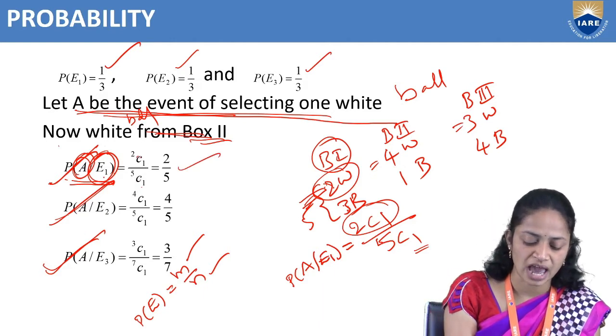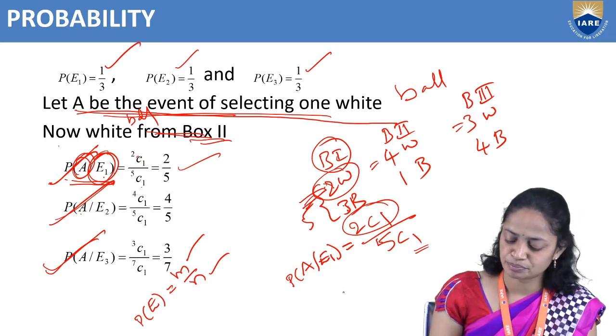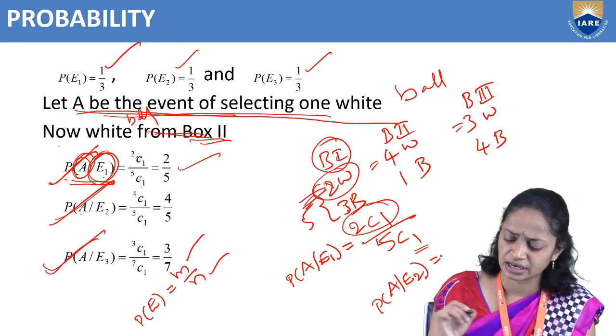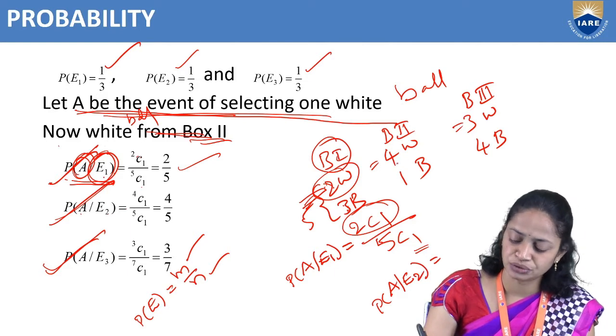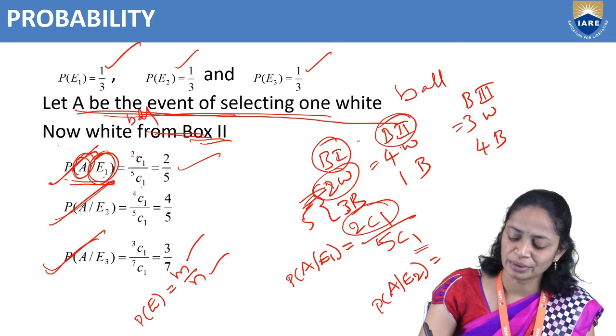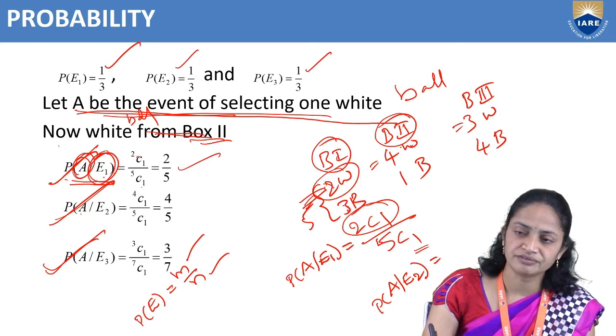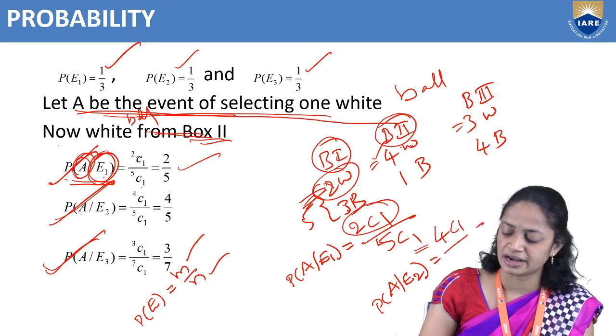Like that we have to find probability of A given E2. Here we need to choose a white ball from box 2. How many white balls are there? Only 4 white balls, so from 4 white balls we have to choose one randomly.